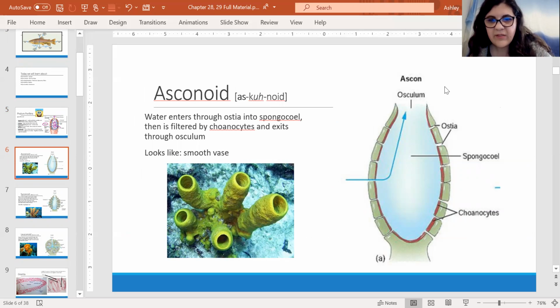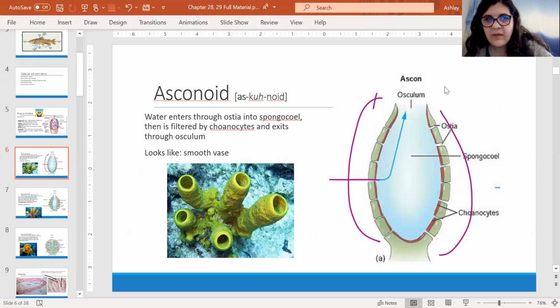Water will enter through all the ostia on the sides, basically all here and here. It's the simplest type, so it just goes straight through that opening. The choanocytes are on the inner lining of the sponge, shown here in this darker color.